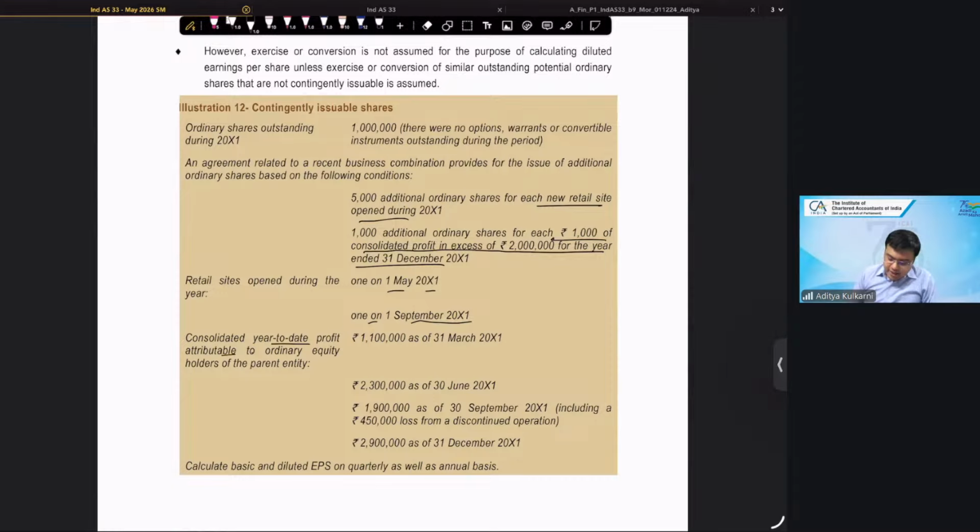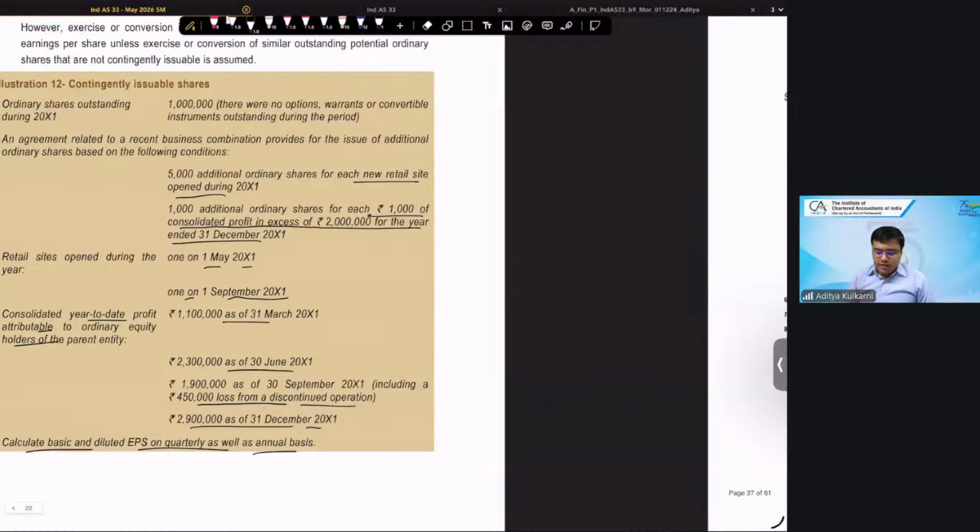Consolidated year-to-date profit attributable to ordinary equity holders 11 lakhs as of 31st March 20x1, 23 lakhs as of 30th June, 19 lakhs as of September 20x1, including 4,50,000 loss from a discontinued operation, 29 lakhs as of 31st December 20x1. Calculate basic and diluted EPS on quarterly as well as annual basis.